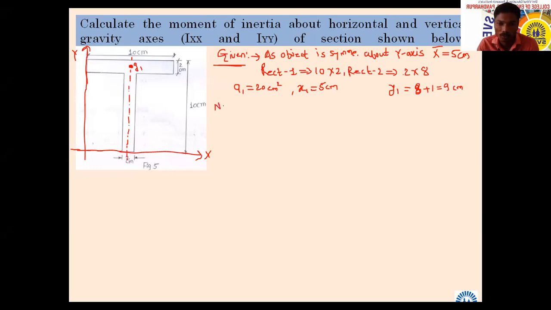Now, any problem up to this? Did you understand how I found x1 and how I found y1? What is x1, what is y1, you should remember. Next one, this I have found: a2, in centimeters square. Then x2.